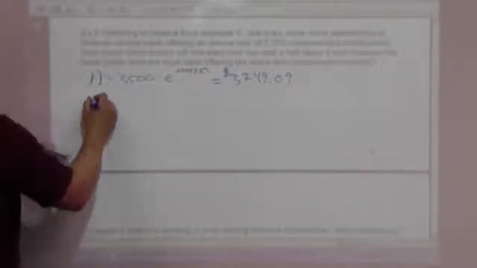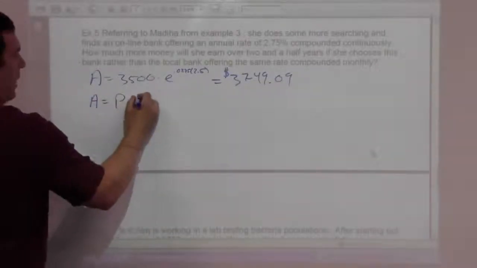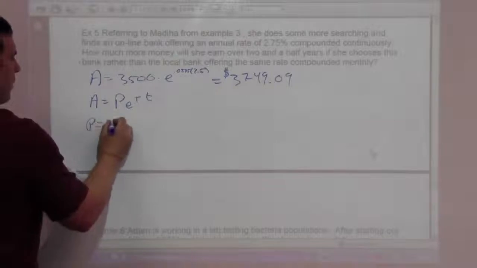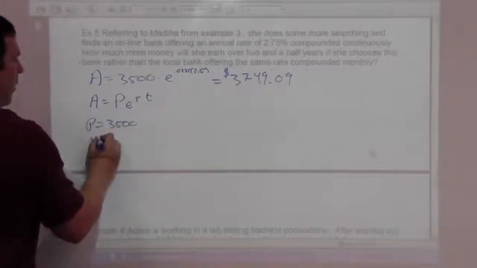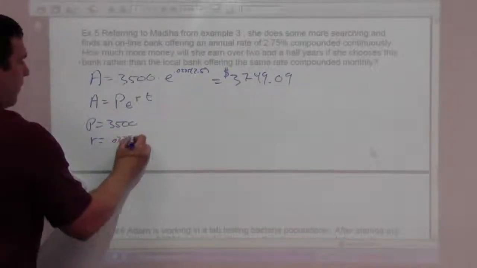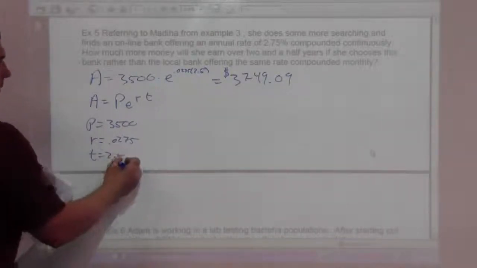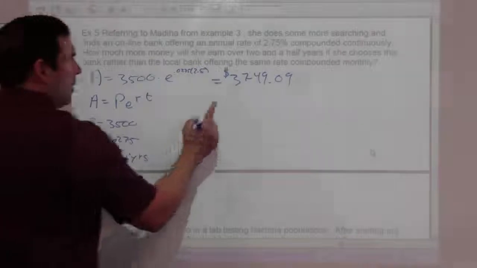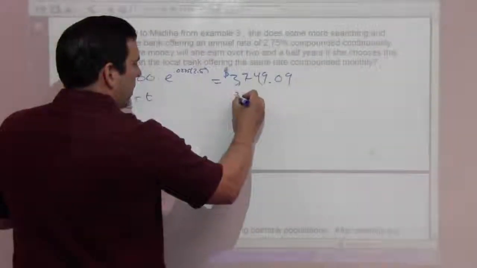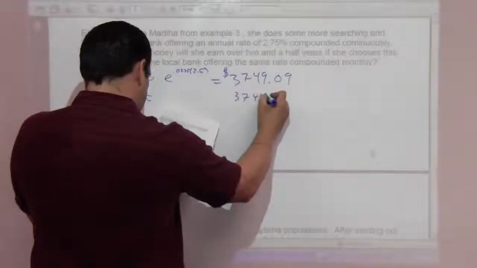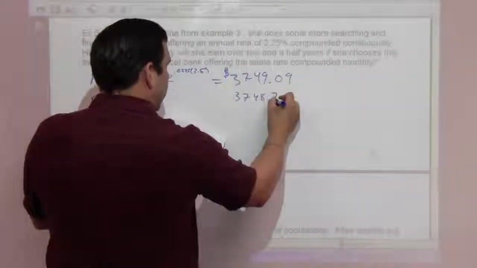So I would use A equals P e to the RT, where P is 3,500, R is 0.0275, the decimal form of the percent, and time is 2.5 years. Now earlier we had the other amount, which is 3,748.79.